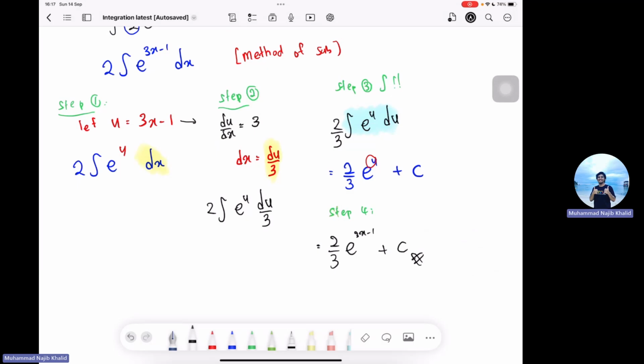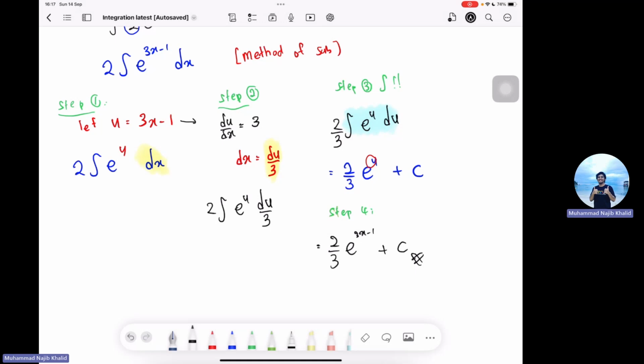That's it. Simple. Again, we keep repeating the same method of substitution. We can also use it with the e function, and that's how you use the substitution method with the e function.